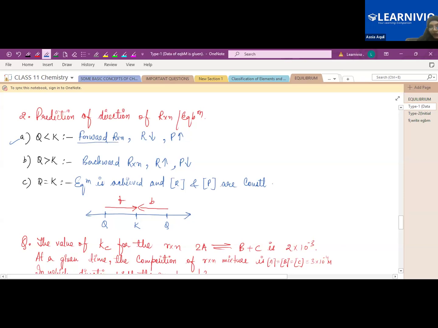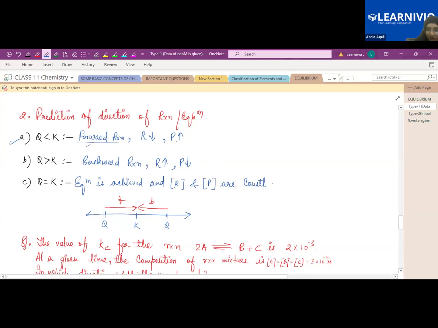Just remember that. When Q is less than K, or you can also say K, the equilibrium constant, is greater than your reaction quotient Q, then it will be a forward reaction. Forward reaction means the product will dominate, meaning the concentration of product will increase, right?